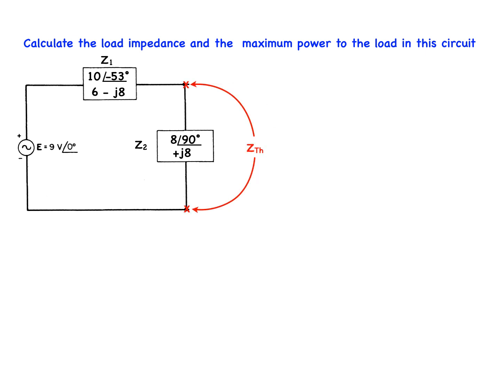Applying Thevenin's theorem to the circuit, we first remove the voltage source by replacing it with a short, and the Thevenin impedance ZTH is the parallel combination of Z1 and Z2. Mathematically, this is Z1 times Z2 all over the quantity Z1 plus Z2.